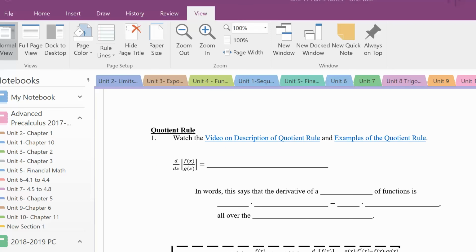Now the quotient rule says that the derivative is g of x times f prime of x minus f of x times g prime of x, all over g of x squared. That is the quotient rule.